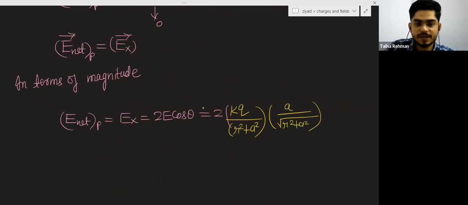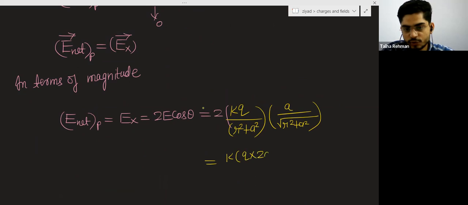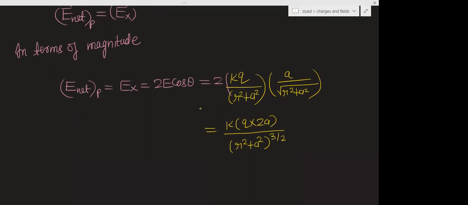So the final answer you will get after calculating all this, I'm just separating q into 2a. I can write this above thing, and this will become r square plus a square to the power 3/2.